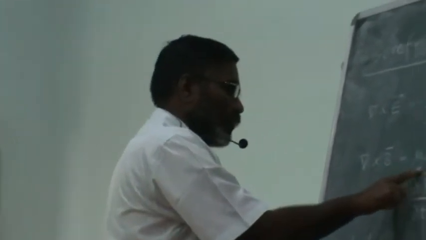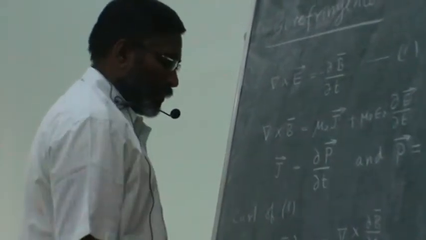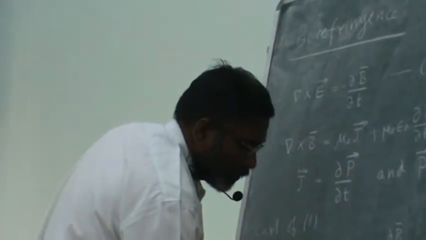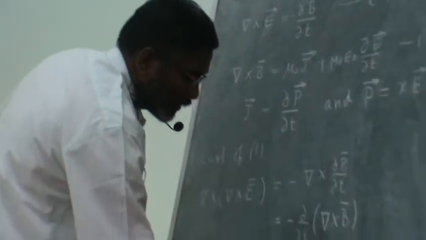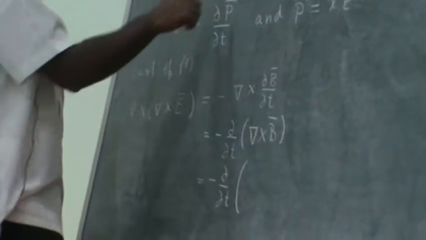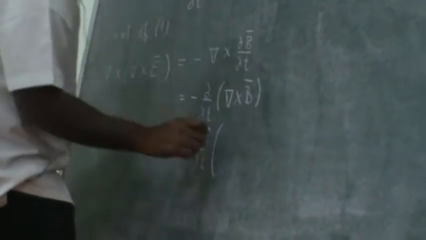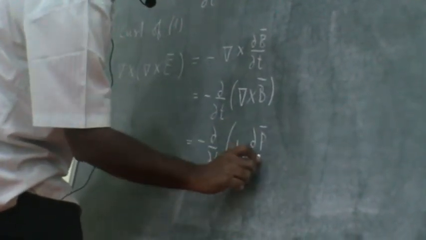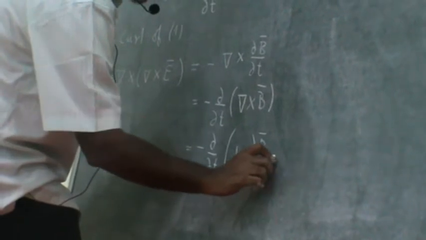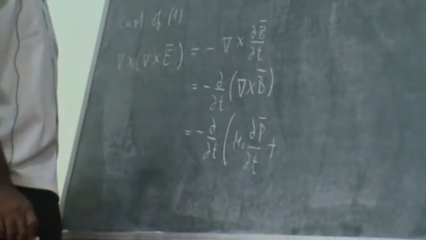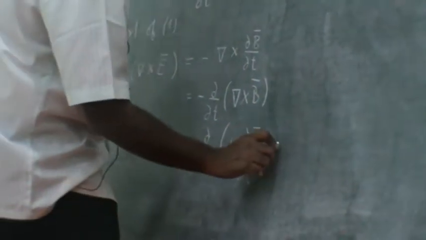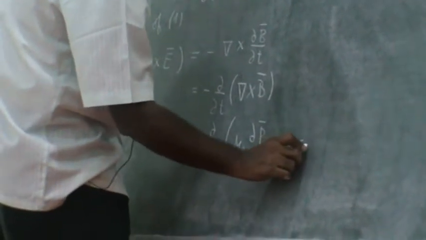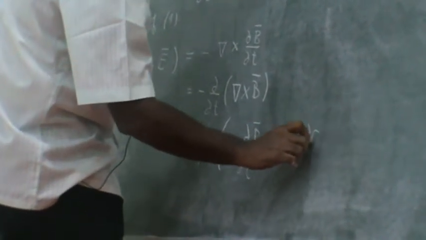And I know that del cross B is mu naught J plus the displacement term. So this is equal to minus dou by dou t of mu naught into J, which I will write here as mu naught into dou P by dou t plus mu naught epsilon naught into dou E by dou t.